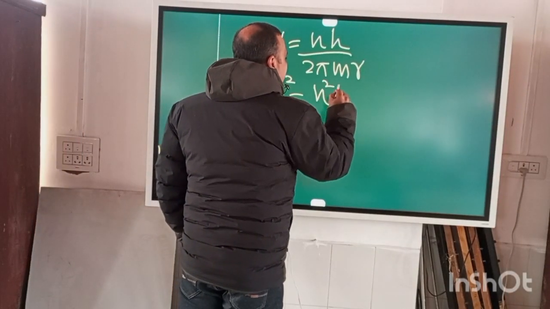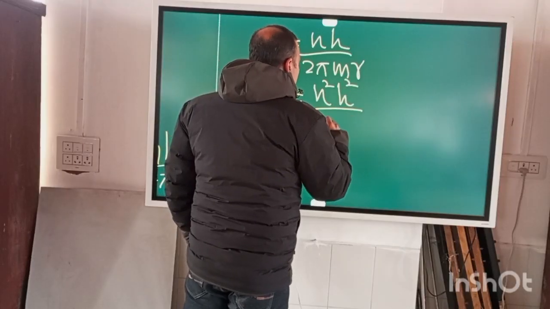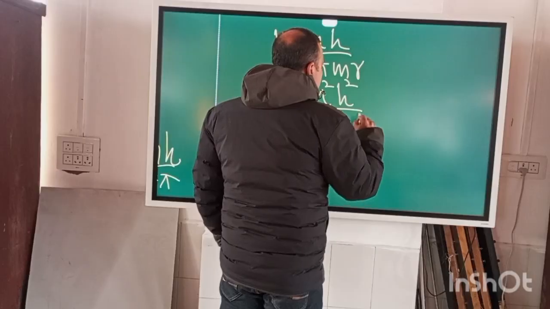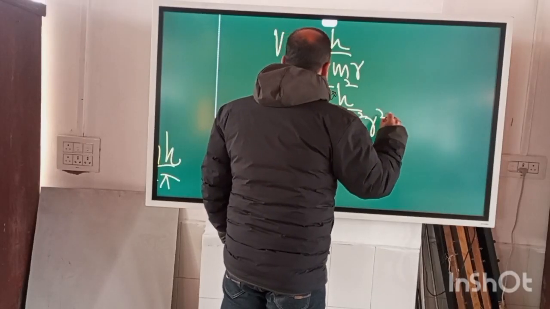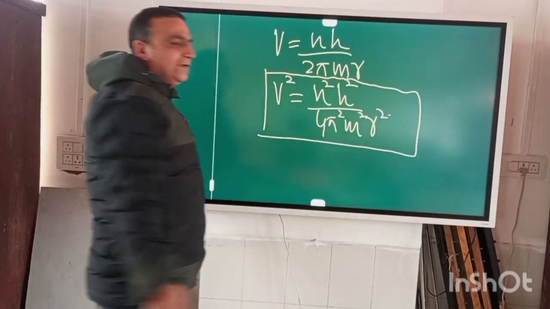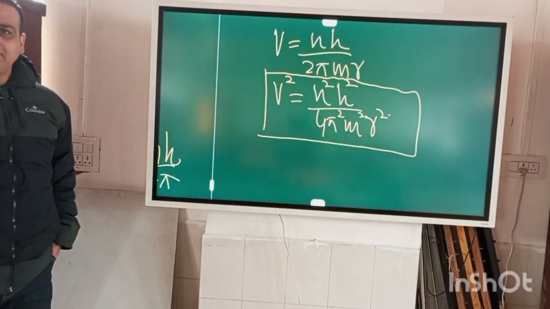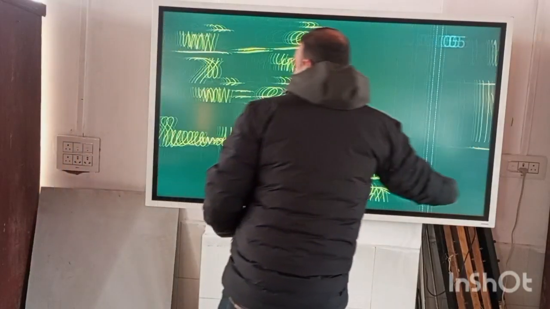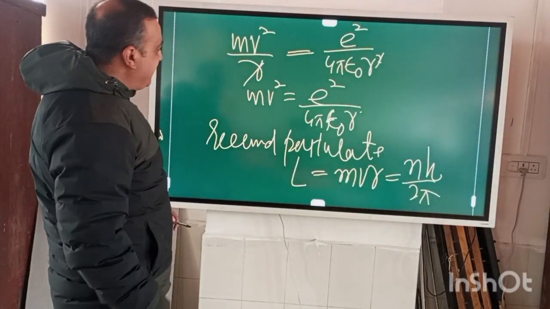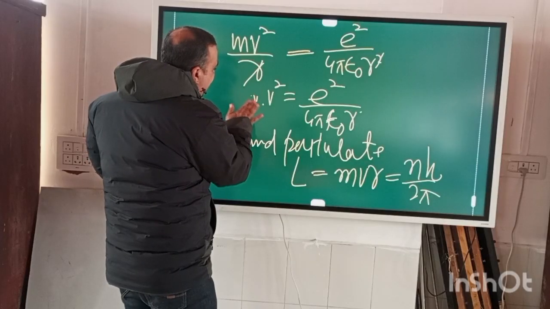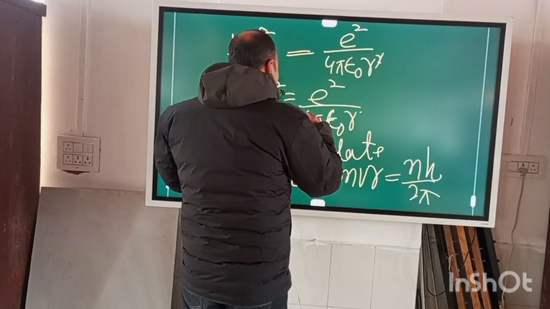It will give me n square h square by 4 pi square m square r square. This is v square. I can use this v square in this equation.